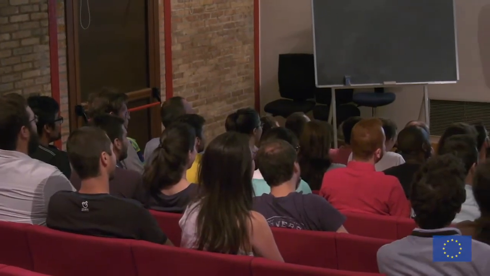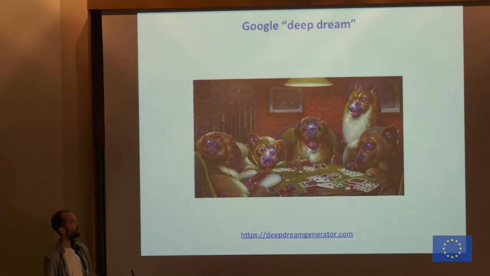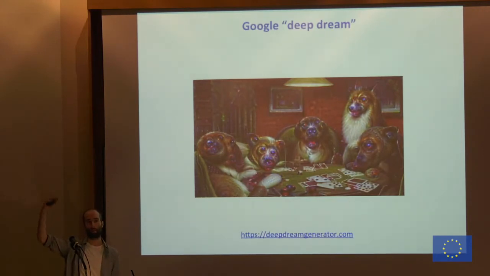Just to briefly mention that Google has been doing something fancy using the top-down effects I've just been describing. With Google Deep Dream, you can take an input picture, for example, of people playing cards, and you fix a high-level feature, like I was fixing the class 0 and asking the network to generate 0. Now you can fix the dog feature, and you provide an image with people playing cards, and you ask the network to somehow find an equilibrium in the middle, and the network, for example, will replace the faces of the humans with dog faces.